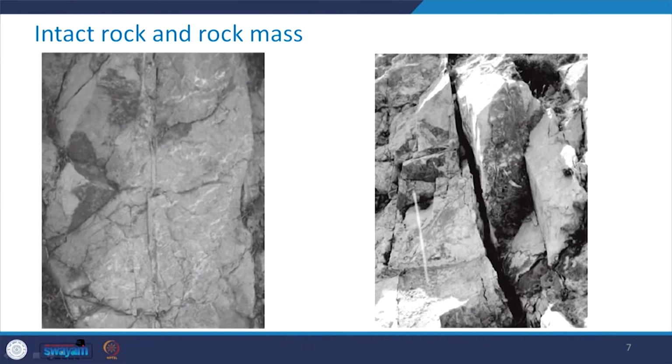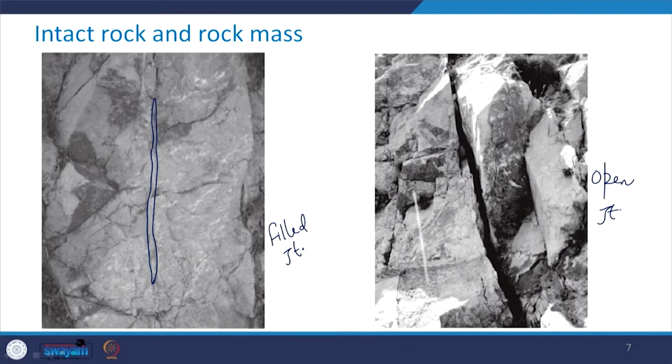Take a look here. There are two pictures. One is showing a filled joint, and this is an open joint. Just focus here. See, this is the joint surface in which some infilling material has been deposited, thereby filling the joint.